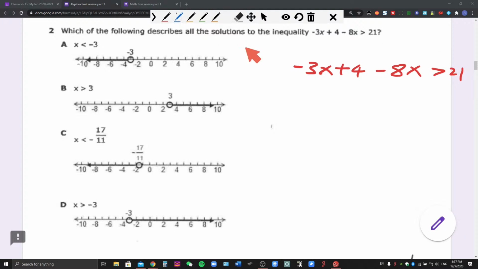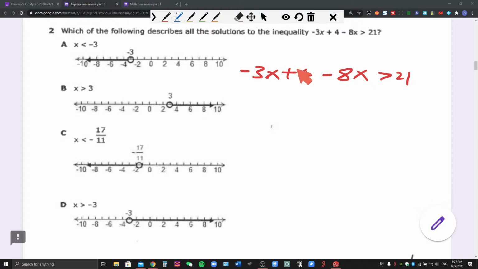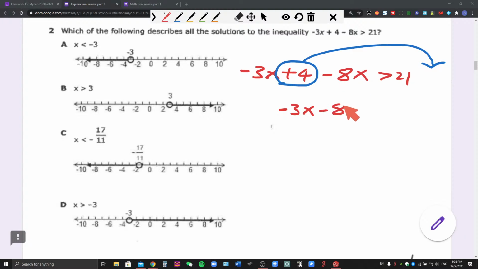So we want to keep all x on one side and separate the numbers to the other side. Therefore, we will move this 4 to the other side. After you move, this will flip. Let's remember that. So after you move, this will be a negative 3x followed by negative 8x greater than 21.